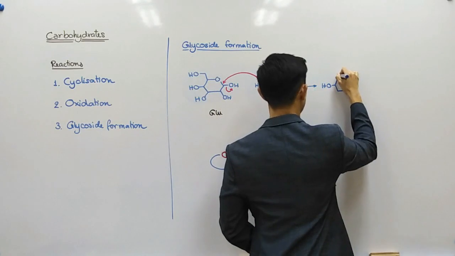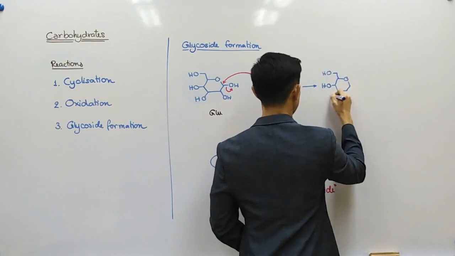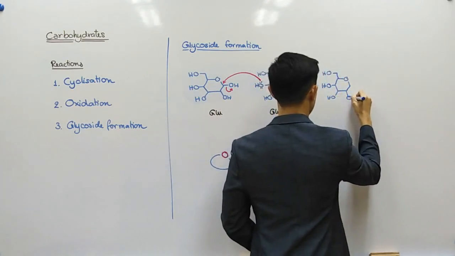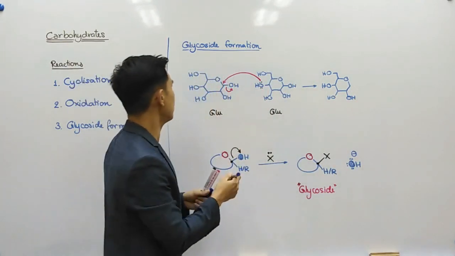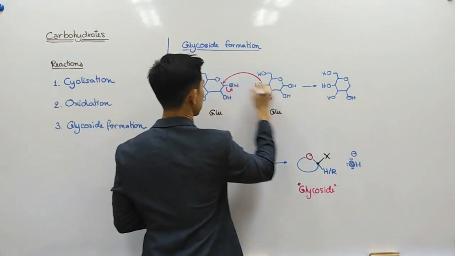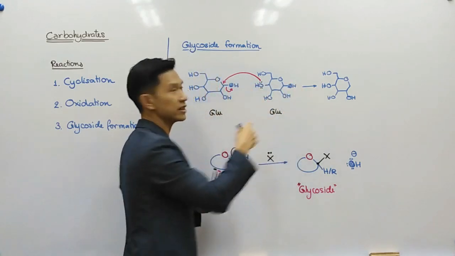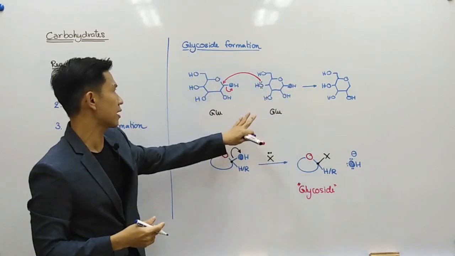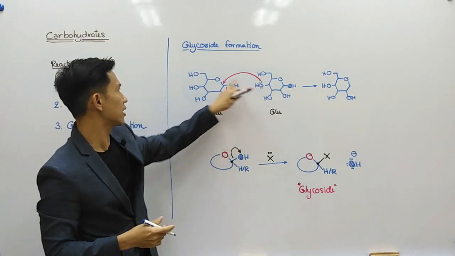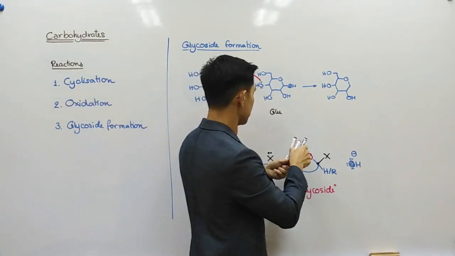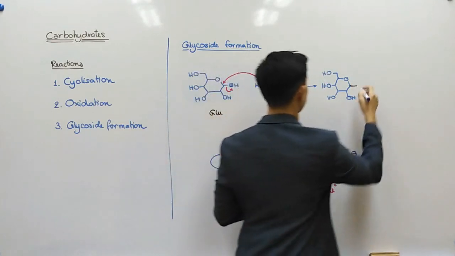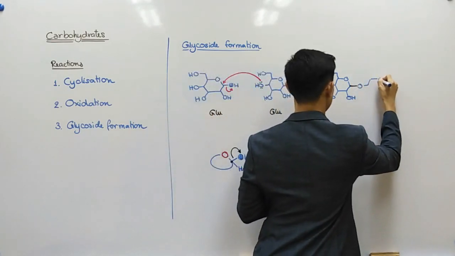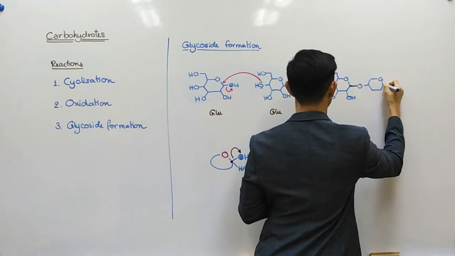This is the left hand glucose unit. It is now condensed with this one. So the OH that previously appeared as a carbonyl is kicked out, right? The O over here condensed. So you're constructing this bond. You have the oxygen of the second glucose unit condensed with the first one.